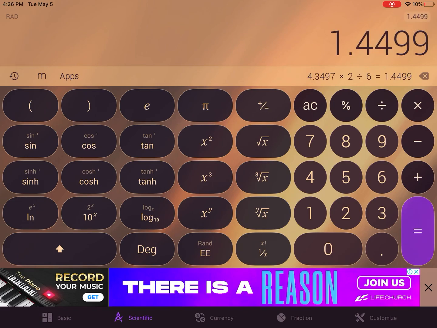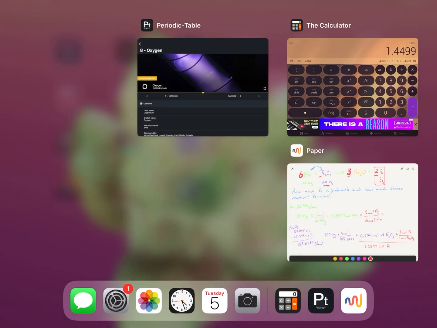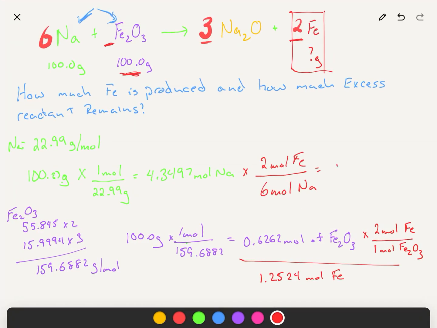And we get 1.4499 moles of iron. So if all 100 grams of sodium react, we get 1.4499 moles. But if all 100 grams of iron 3 oxide react, we get 1.2524 moles.